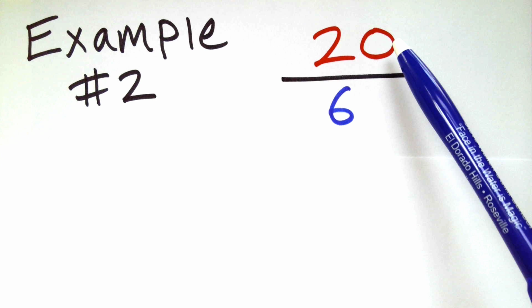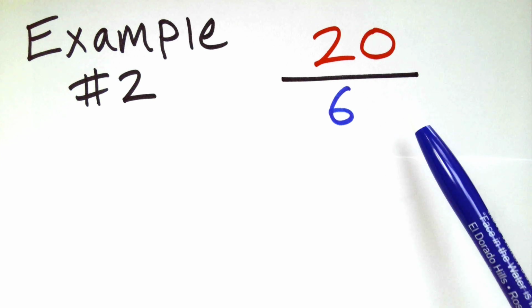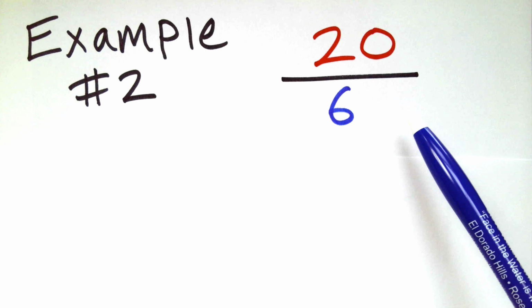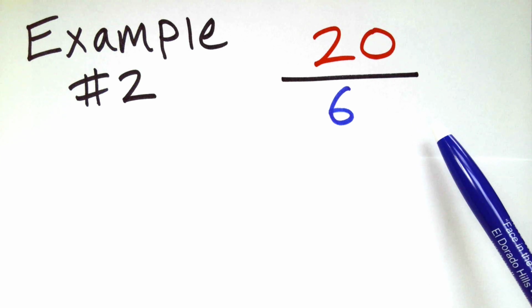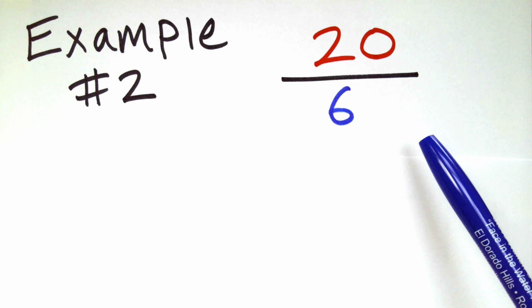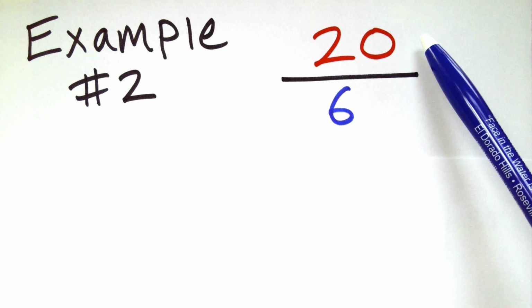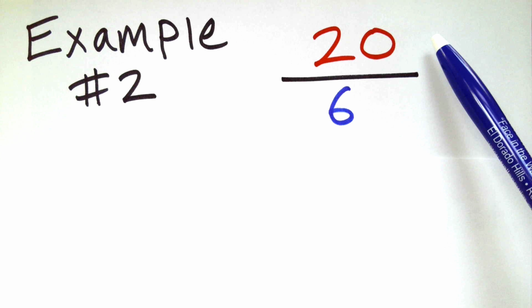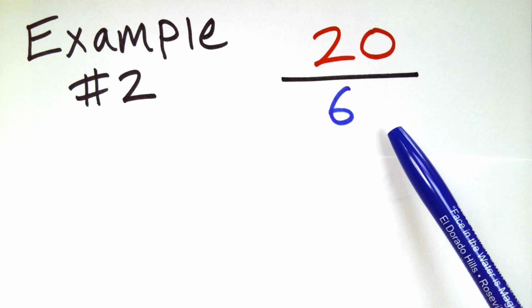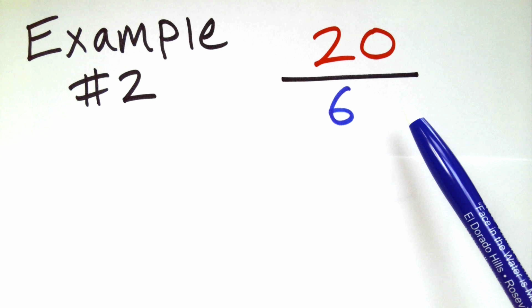Can you reduce this improper fraction? And if you can, you should do it first before you try to convert into a mixed number. So let me ask you, can we reduce this fraction? I have a top number in my numerator of 20, an even number. I have a 6 in my denominator, an even number.